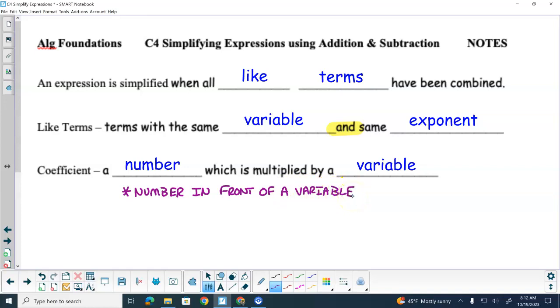Okay, so a coefficient is the number in front of a variable. Write that down too, because I think that is an easier way to know where to find it. Okay? The number that's in front of the variable.